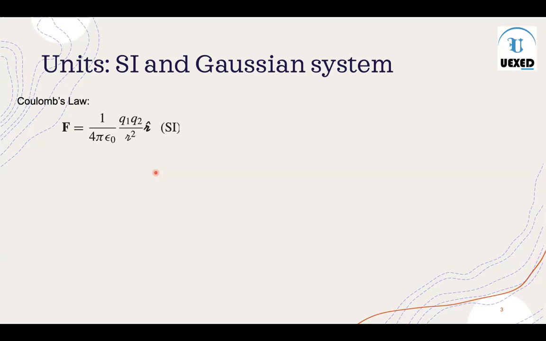But you need to be very, very careful when we talk about these symbols and why this 4 pi comes, what do you mean by epsilon 0, why we can't write simple epsilon. Okay, why we should say epsilon 0. So these are some important concepts which we're going to discuss.